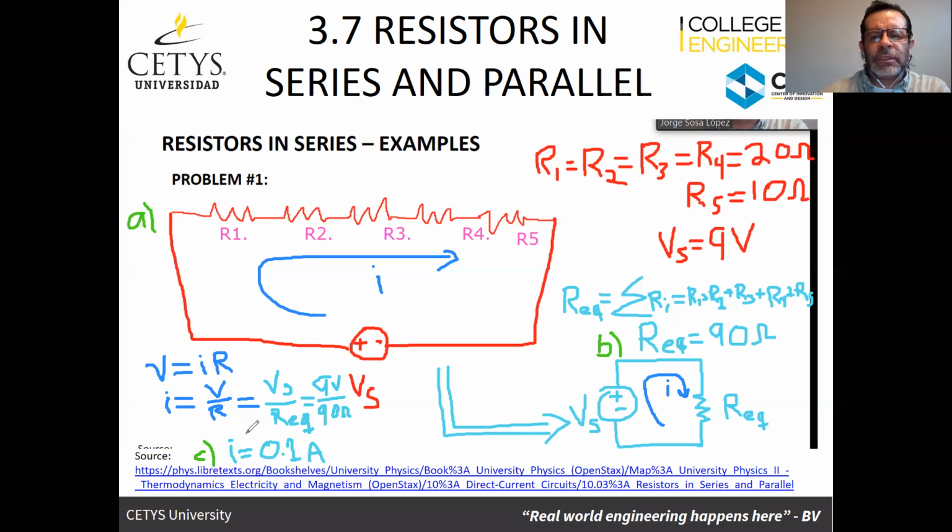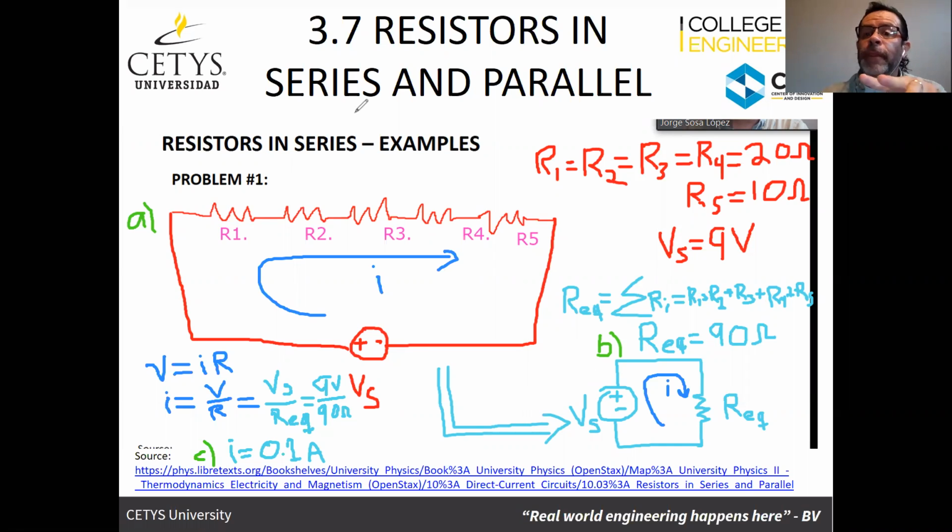Okay. Questions with this one? Is this part clear? Carmina, please go ahead. If it says find the current through each resistor, is this the final answer, or do we have to do it separately? Oh, that's a very good question. I'm glad you asked that, Carmina.